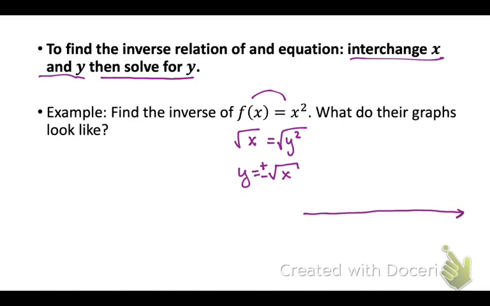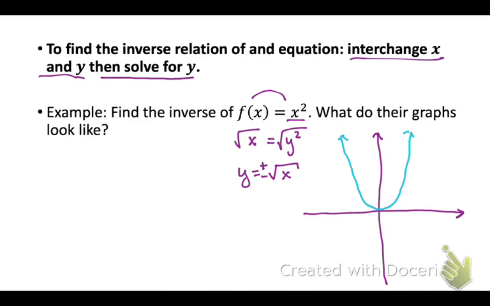Well, what does the graph of x squared look like? It's a parabola with the vertex at 0, right? It's the parent function. So it looks like this. Well, what does the square root function look like?